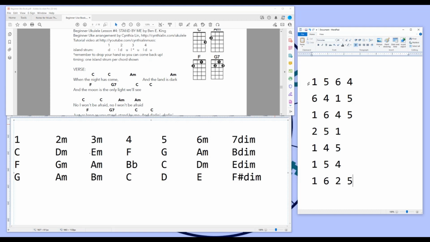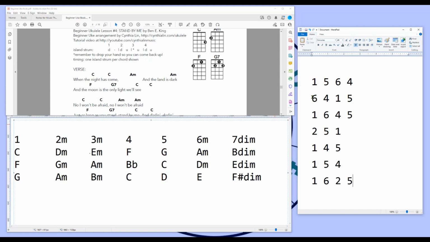So the first one would be C, G, A minor, F. Or you can do it this way: A minor, F, C, G. Oh, sorry, I screwed up.